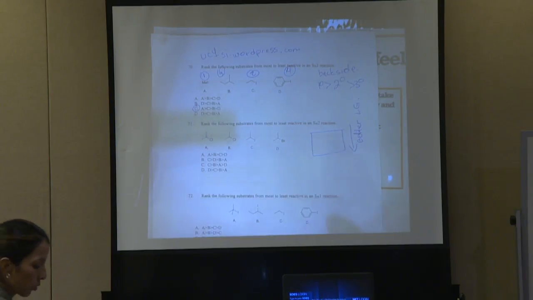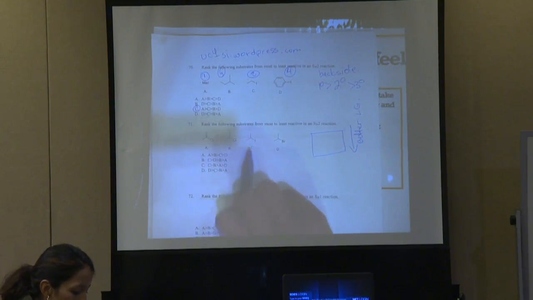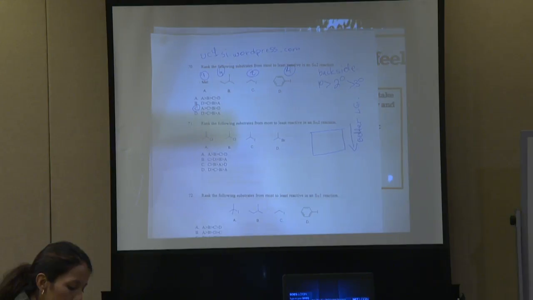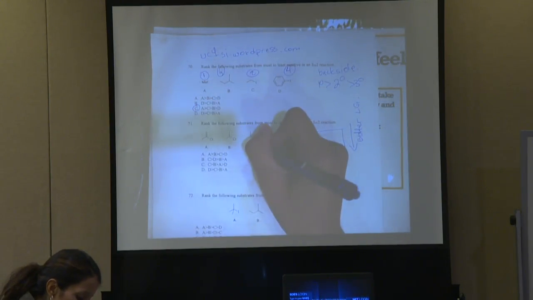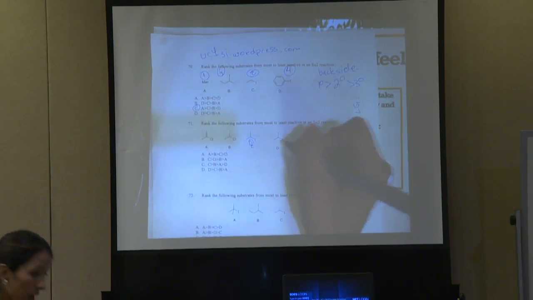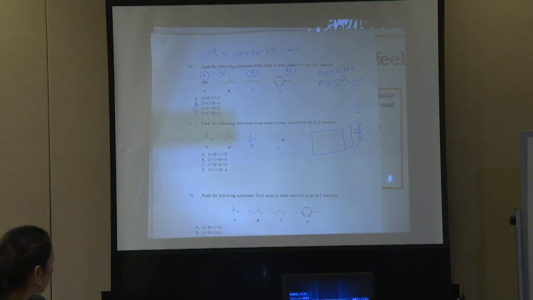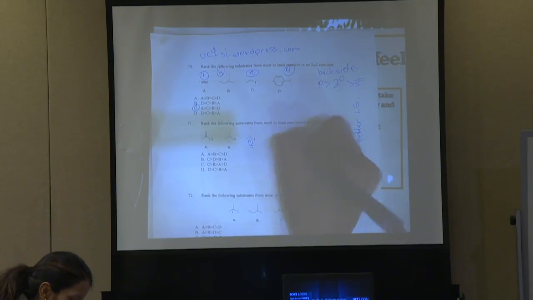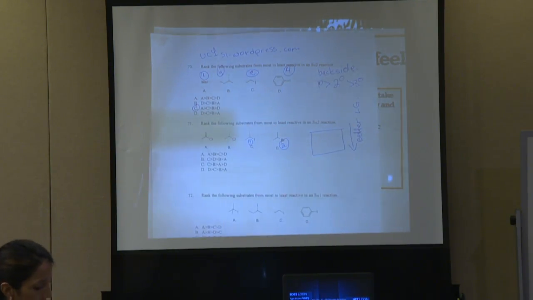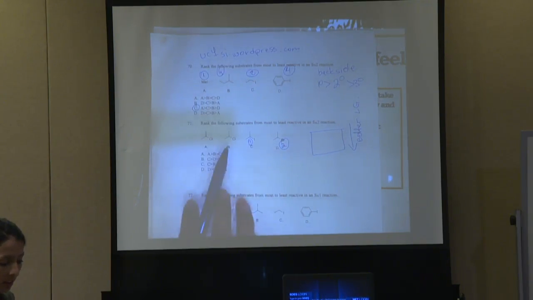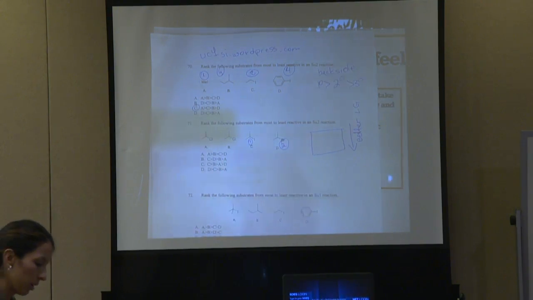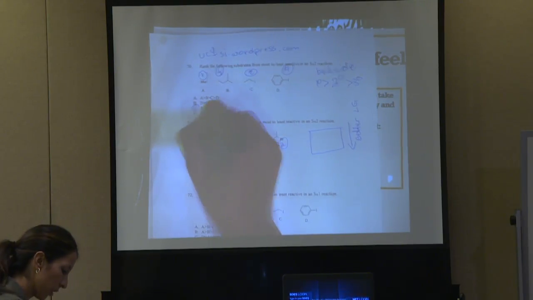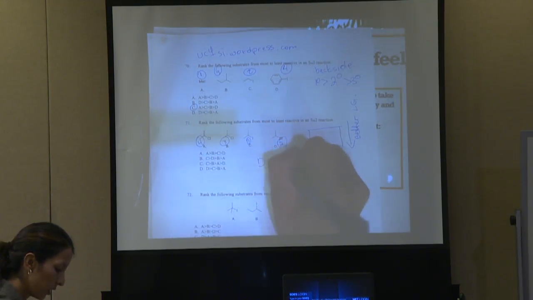Okay, so between Cl, I, and Br, which one is the best leaving group? I. What's the second best leaving group? Br. Okay, so now we just have to pick between A and B, because they're both the same leaving group. So which one is a better leaving group? Well, they're both Cls without the double bond. Okay, cool. So 3, 4. So C, D, B, A.